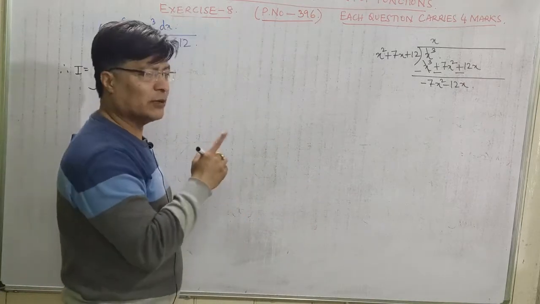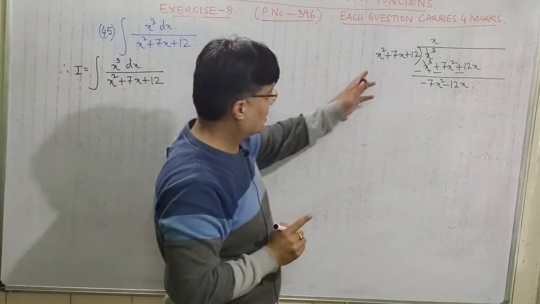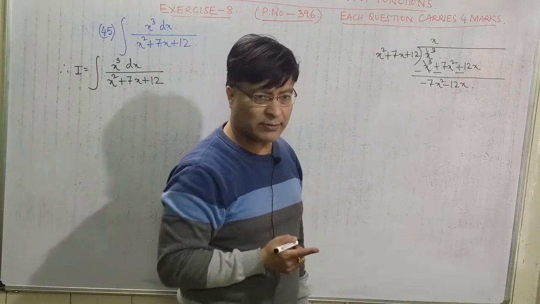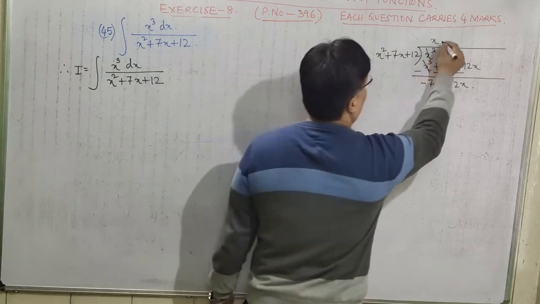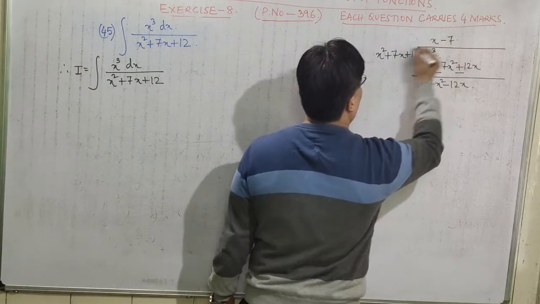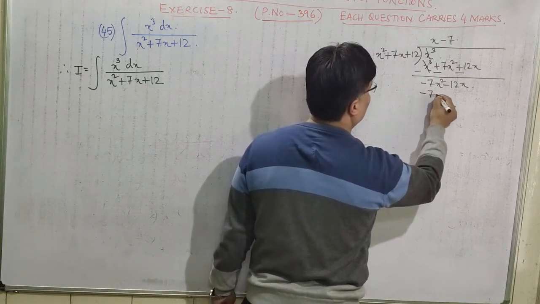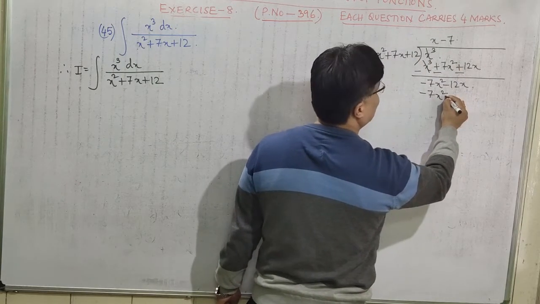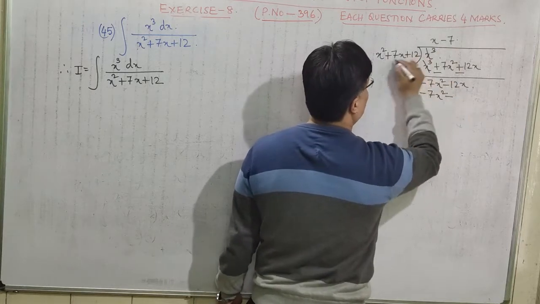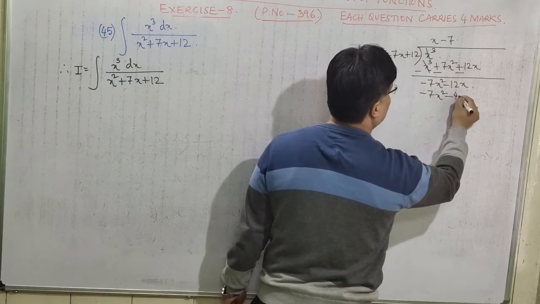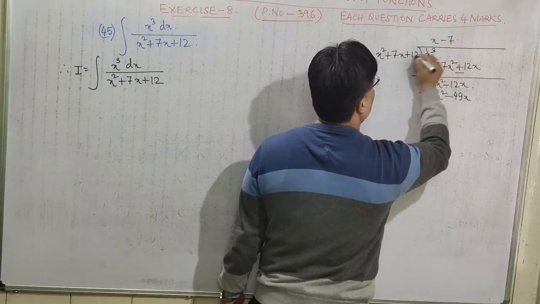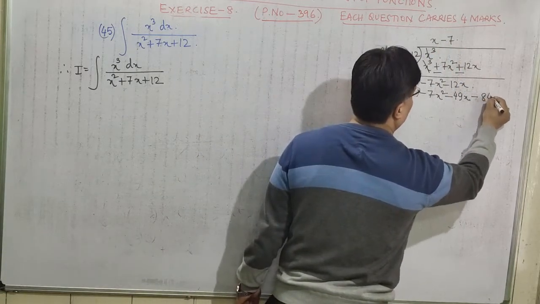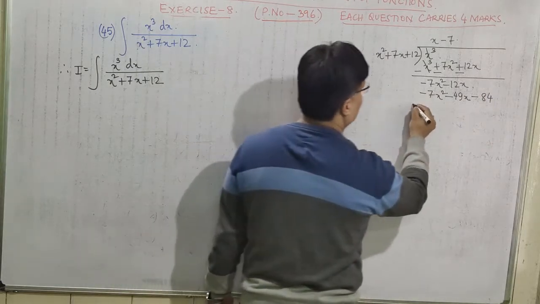Then again you can divide it, because the divisor here is x square, the highest power of x is 2, and the remainder here is minus 7x square. Again you can divide it. So it goes minus 7 times. Minus 7 into x square is minus 7x square, and minus 7 into 7x is minus 49x, and minus 7 into 12 is minus 84.